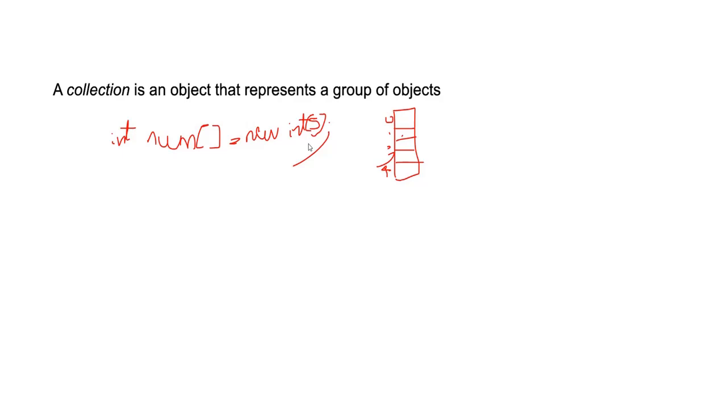The second disadvantage of using an array is that if we specify the size of the array, then we are only creating a memory location of five blocks. Five memory blocks, that's what we are creating. Suppose during runtime I want to add certain values, it is not possible.